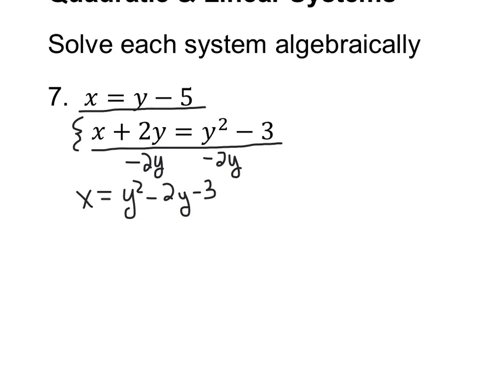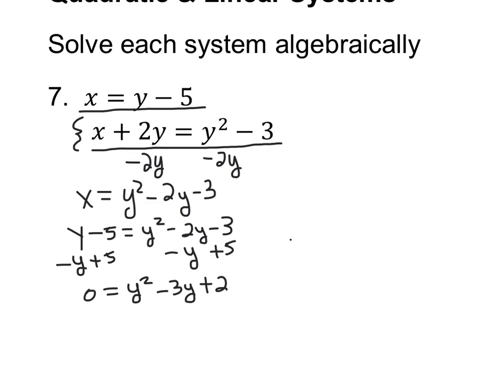And then I'm going to set those two equations equal to each other, since x equals y minus 5 and x equals y squared minus 2y minus 3. I can set those two equations equal to each other and then just solve for y.